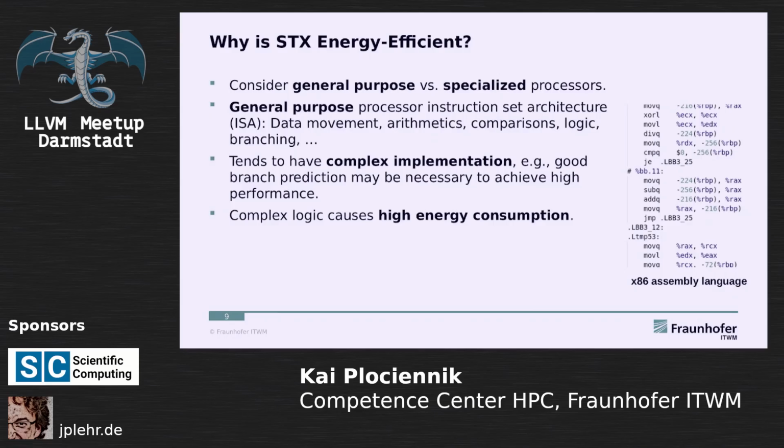And this tends to have a complex implementation because, for example, you need a good branch prediction for high performance, and that takes a lot of transistors which consume energy. And this kind of architecture, general purpose processors, tends to have a higher energy consumption.